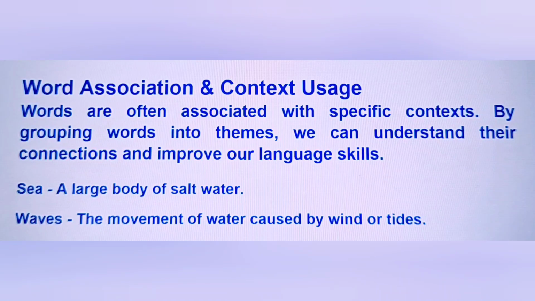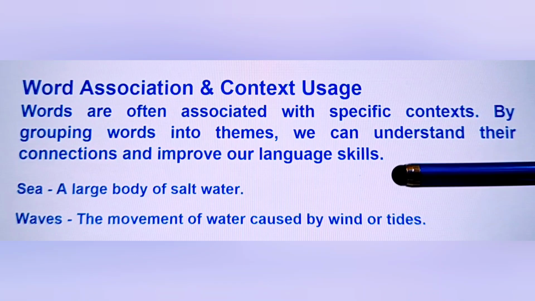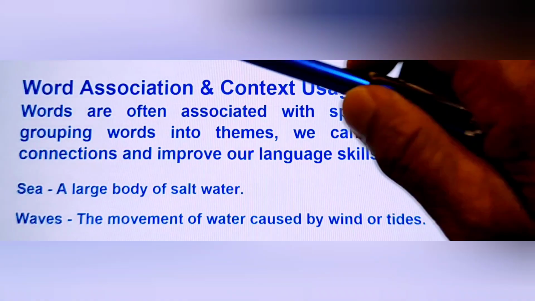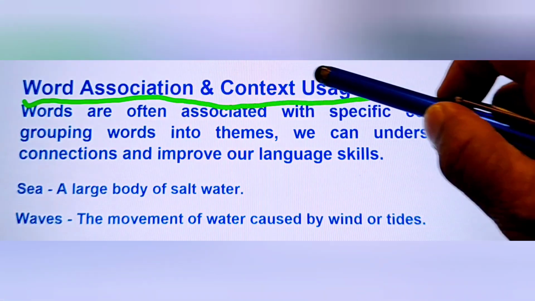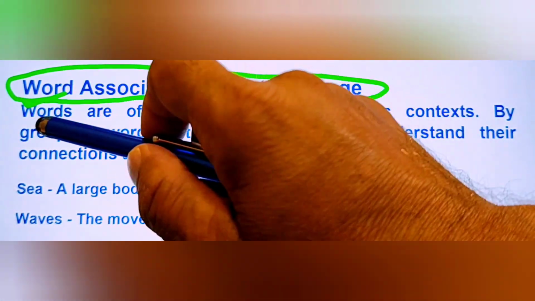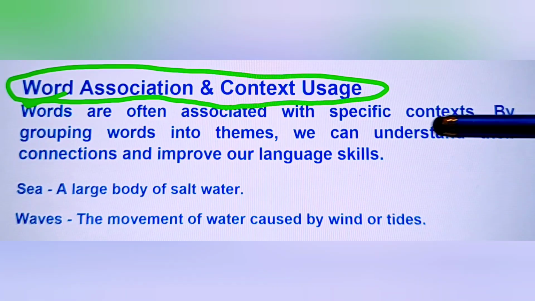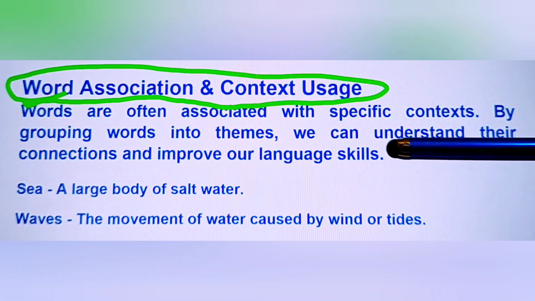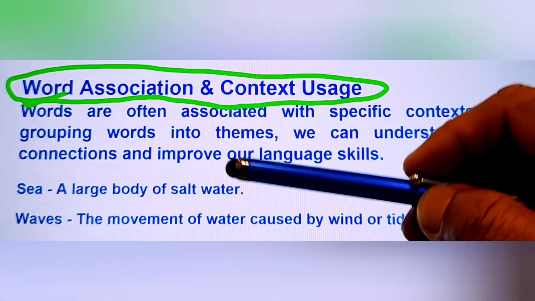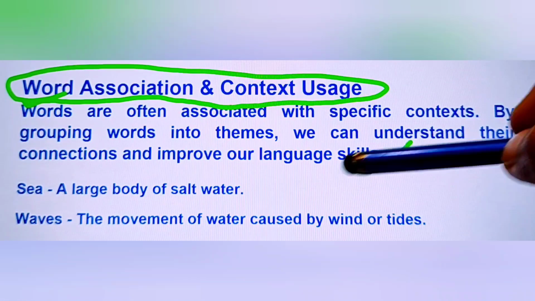Let's describe how you can remember words easily so you can build your English vocabulary. Word association and context usage. Words are often associated with specific contexts. By grouping words into themes, we can understand their connection and improve our language skills.